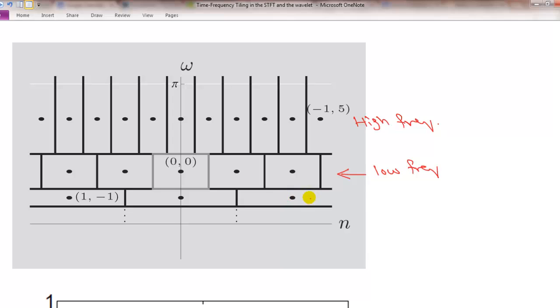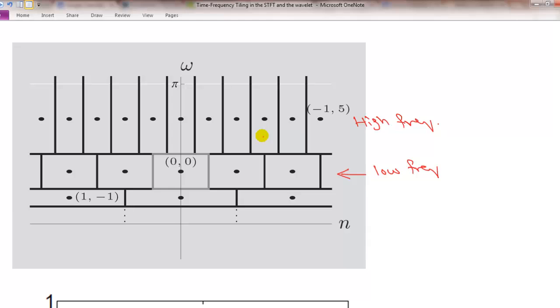At low frequencies, it gives you low time resolution, but high frequency resolution. And as you go in high frequencies, it gives you better time resolution. So at high frequencies, you can really tell apart where a signal started and ended.